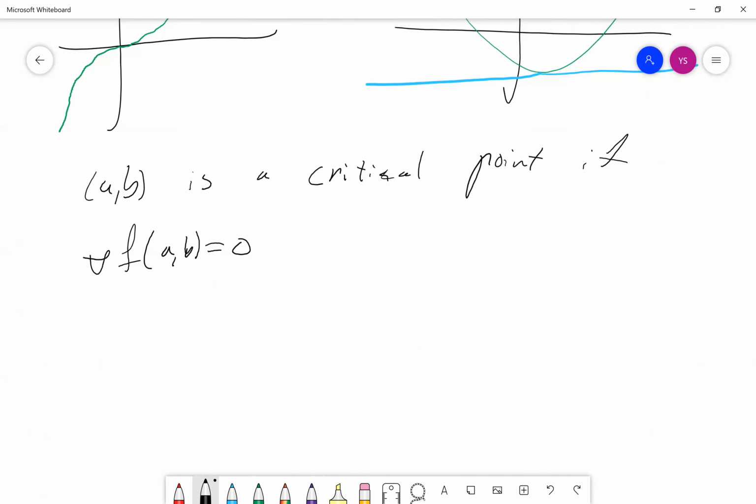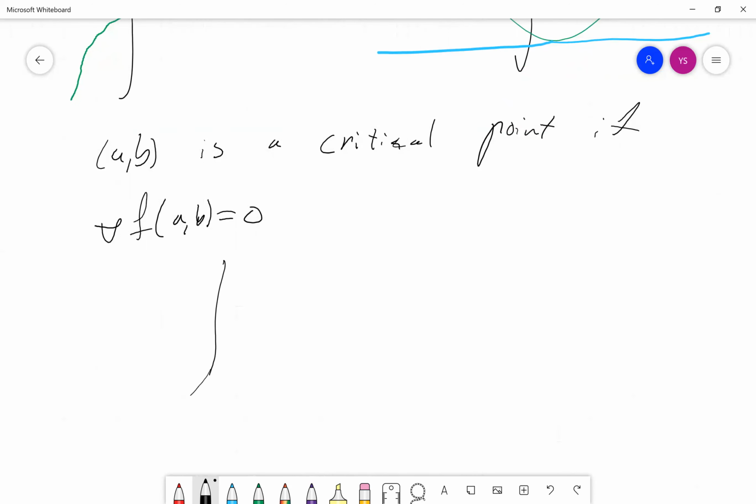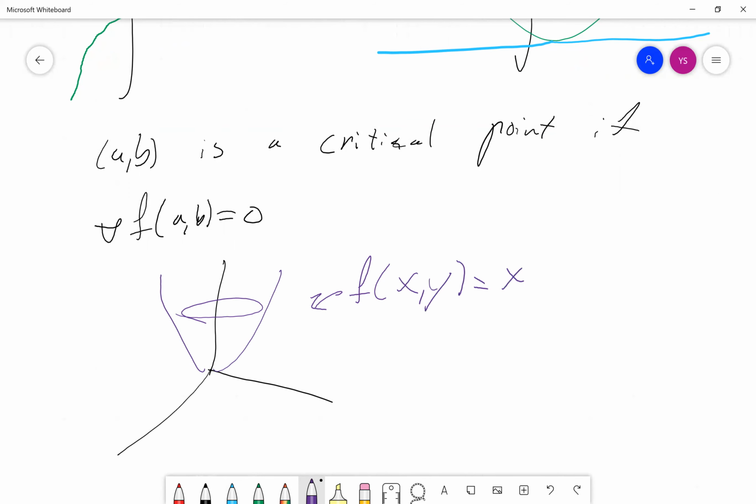So what this means is, again, if you have your function, let's do a simple function. This is f of (x, y) equal to x squared plus y squared. Let's just first do the gradient.